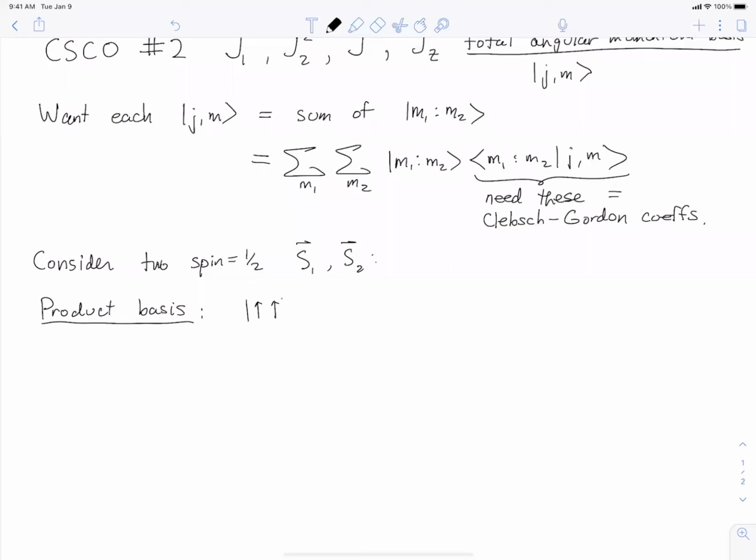There's up arrow, up arrow, and up arrow, down arrow, and down arrow, up arrow, and down arrow, down arrow. And the first of the labels in each case is the S1z eigenvalue label. So if it's up arrow, that means it's h bar over 2. And the second label in each case means the S2z eigenvalue label. In this case, it's also h bar over 2 because it's pointing up.